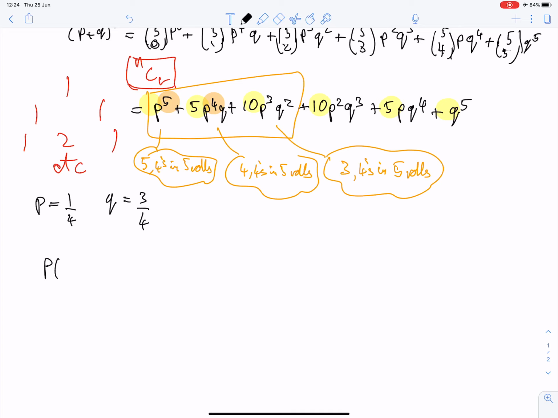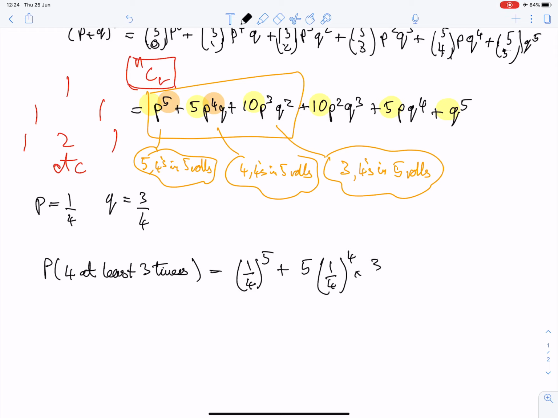So the probability of a 4 at least 3 times is equal to P, which is 1/4 to the power 5, plus 5 lots of 1/4 to the power 4 times 3 quarters, plus 10 lots of 1/4 cubed times 3 quarters squared.